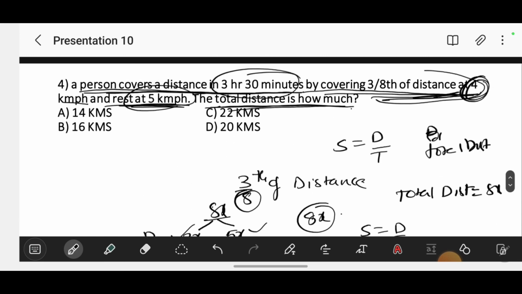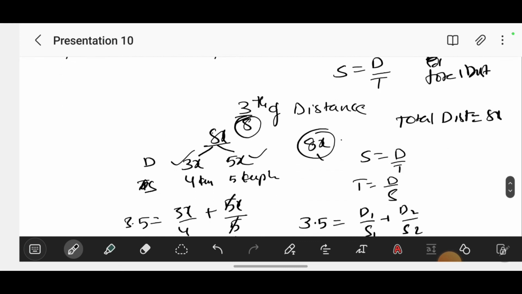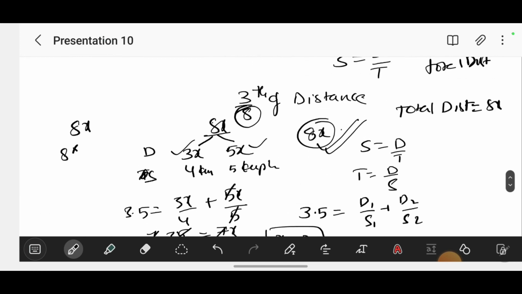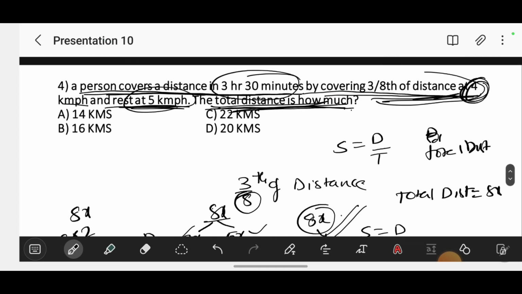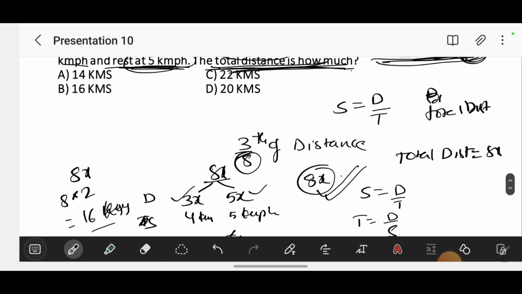He is asking the total distance. We know that total distance is 8x. So 8 into x, and x is 2, so 16. The total distance is 16 kilometers.